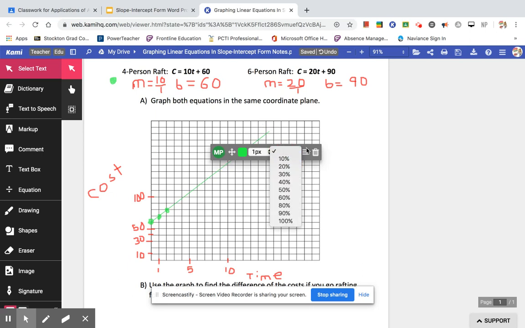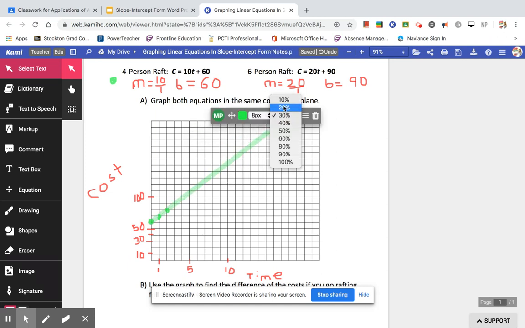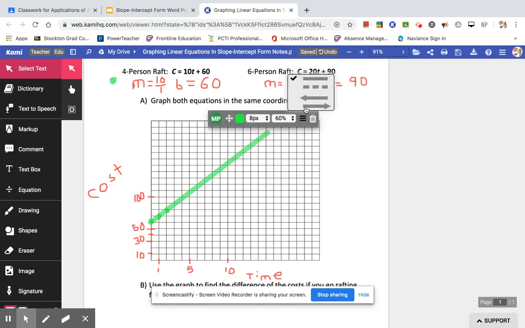You can make it more transparent, and you can make it bigger. And then you can also add arrows to the end of it if you'd like. It's not necessary, but you can. So that will be our first line. I'll make this a little bit smaller.